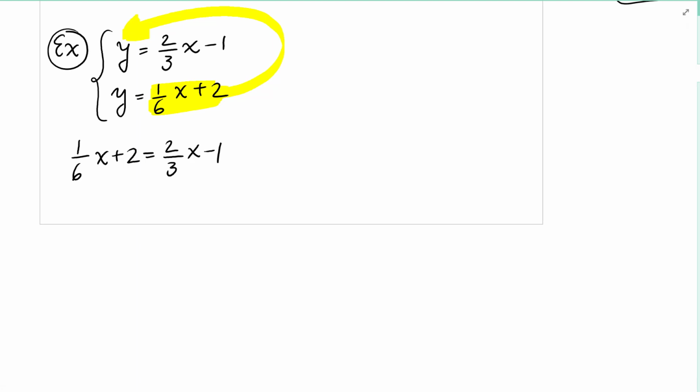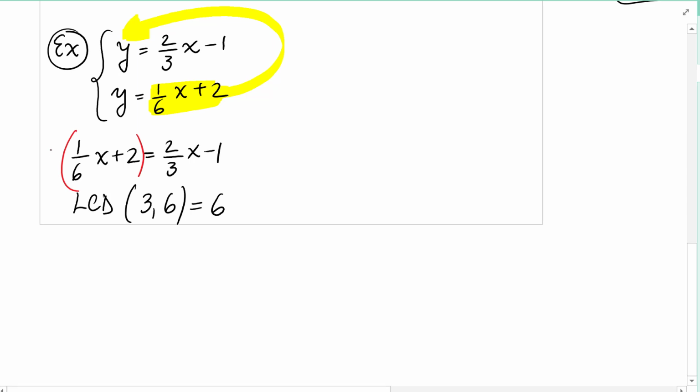So I ended up with a linear equation with fractions. If we remember, we multiply by the LCD. So the LCD of 3 and 6 is 6. So I'm going to multiply each of these terms by 6.